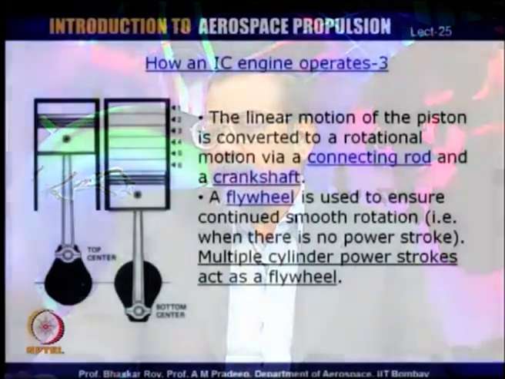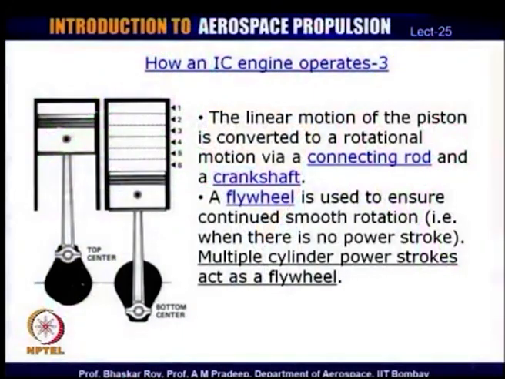And as a result, the cylinder power strokes are time staggered, so the supply of power to the crankshaft is time staggered, as a result of which when one particular cylinder is executing some other stroke, let us say exhaust stroke or intake stroke, some other cylinder is probably providing the power stroke.